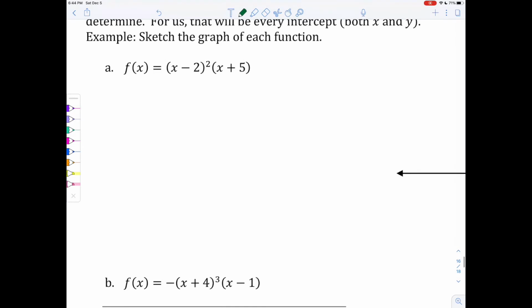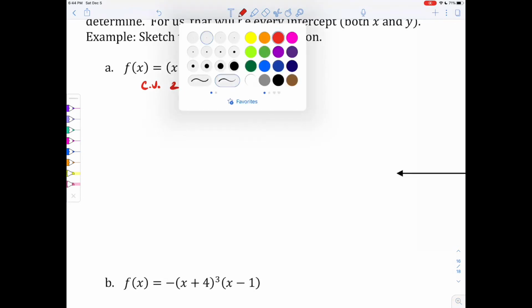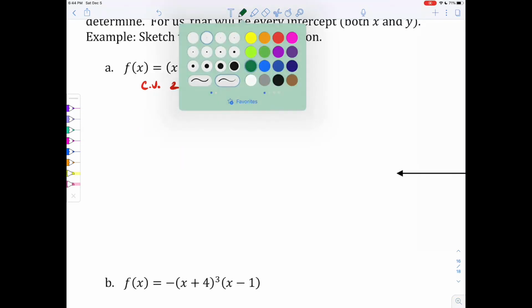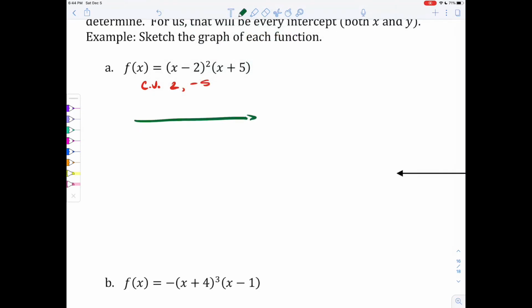So here we go. Critical values of this thing are at 2 and -5. Sine diagram. You should be making sure you can get the sine diagram on your own.